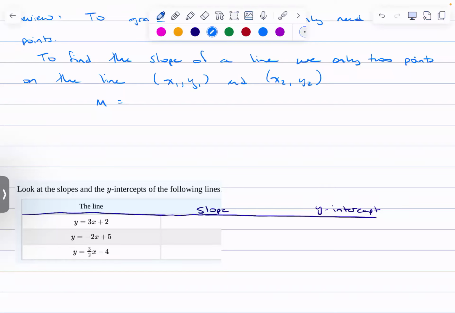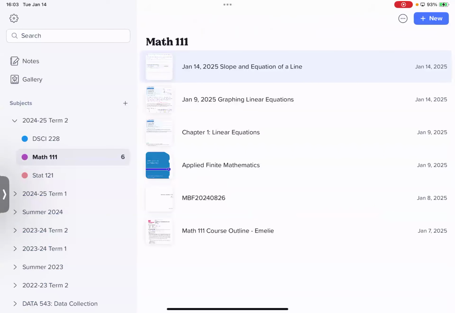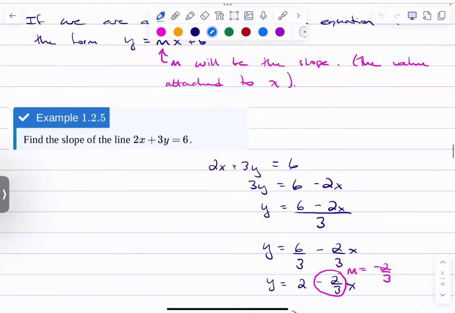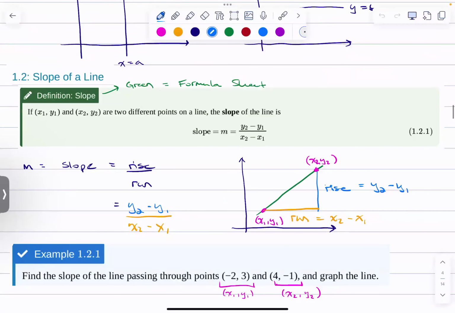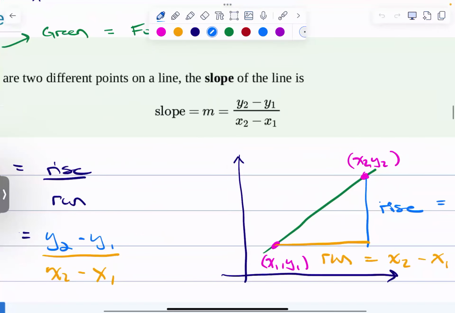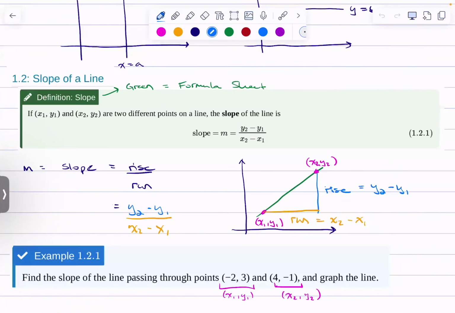But m, and let me just remind myself which order we did. The order doesn't matter, but I want to be consistent with what our little blurb said. So here, the slope, we used y2 minus y1 over x2 minus x1.